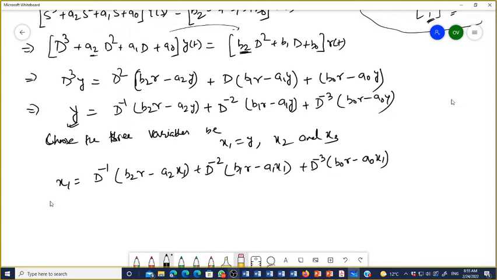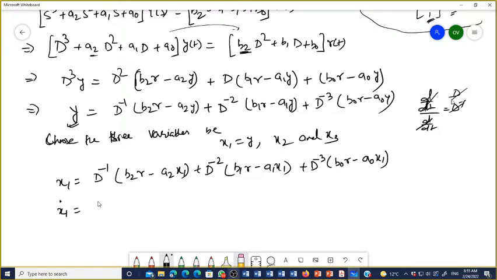Is it okay? Now what is x1 dot? This is 1 by d, where d is d by dt. The d inverse means this one. So x1 dot means d by dt, and it will cancel.